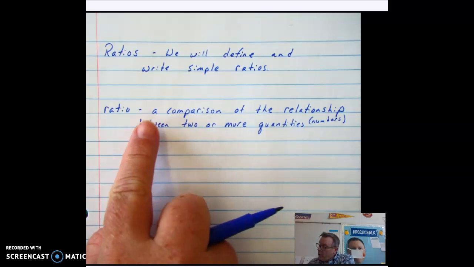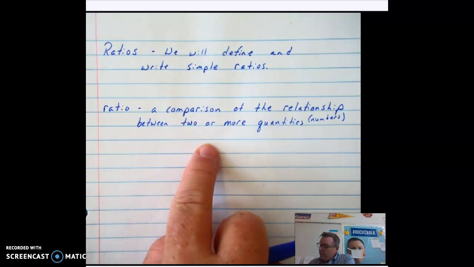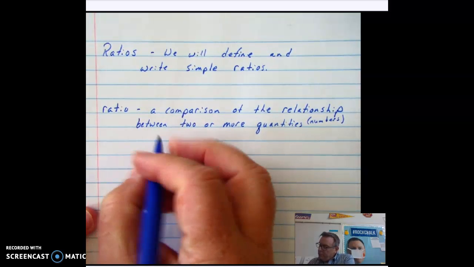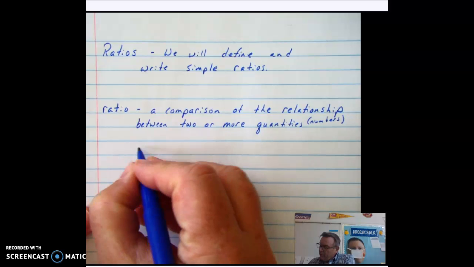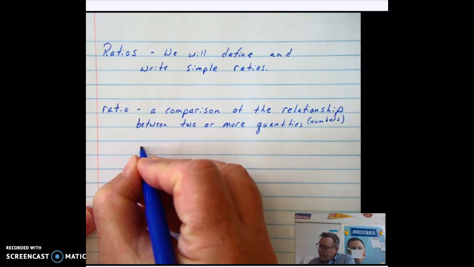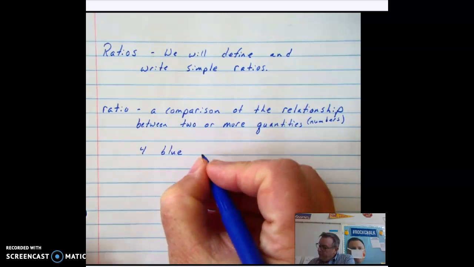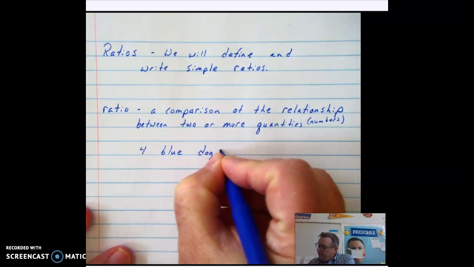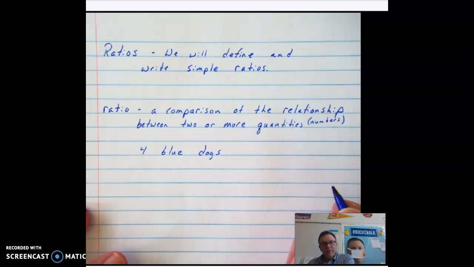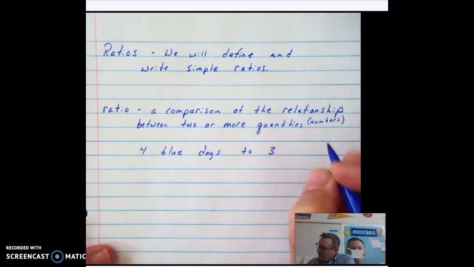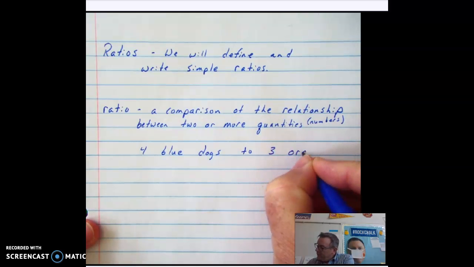So when you are doing a ratio, let's say that I'm going to compare two numbers. I'm going to compare 4 blue dogs, and yes, dogs could be blue, to 3 orange dogs.